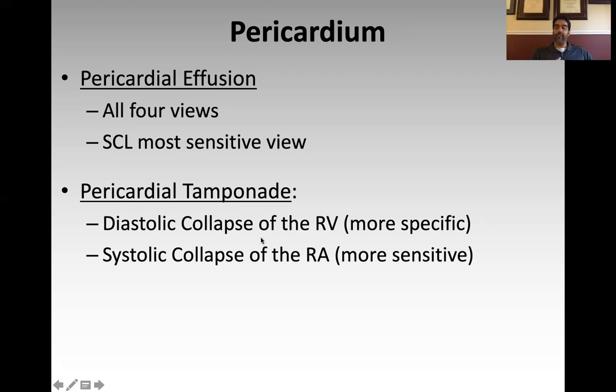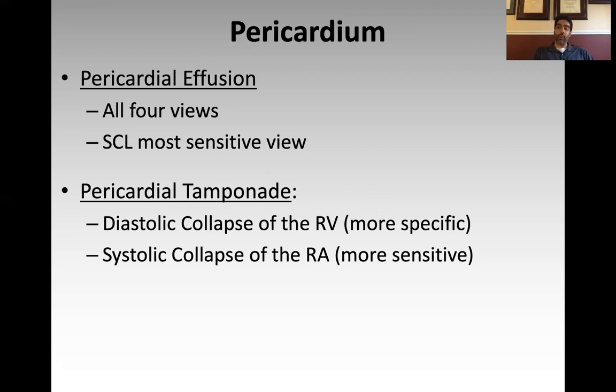In other words, when the RV is supposed to be filling in diastole, the pressures outside of the heart, either within the pericardium or outside the heart altogether, exceed the pressures in the RV chamber. And the result is collapse of the RV when it's supposed to be filling. So the most specific echo indicator of tamponade is diastolic collapse of the RV.